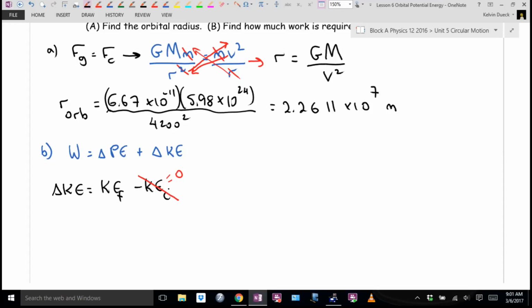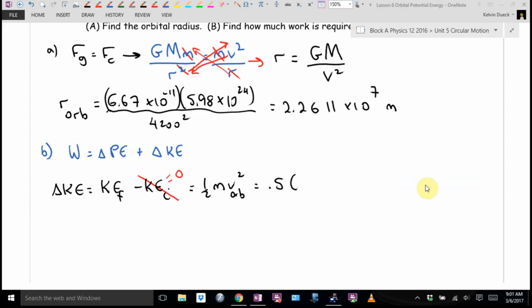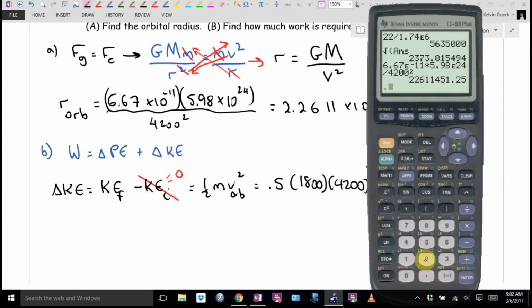So we're launching from Superman's Fortress of Solitude. Which V? Orbital speed. So it's going to be 0.5. Oh, we got a latecomer. Mass of the probe was 1,800, and orbital speed 4,200 squared. 0.5 times 1,800 times 4,200 squared.